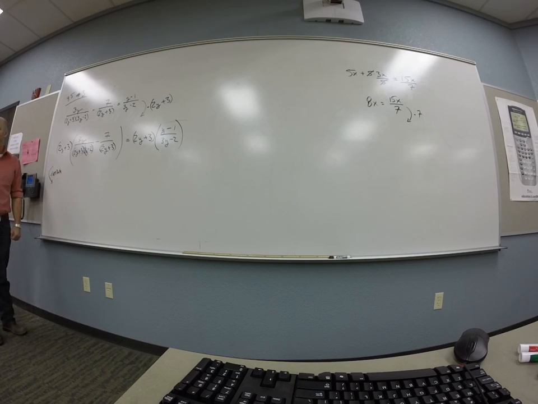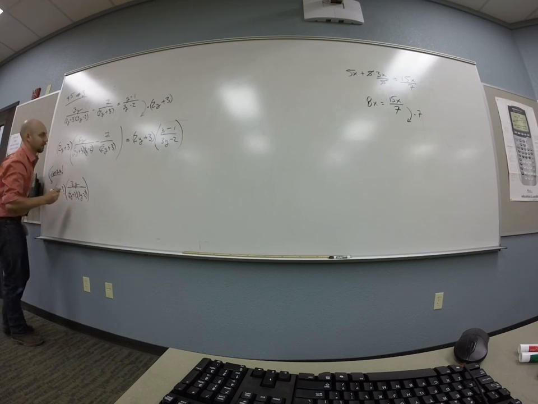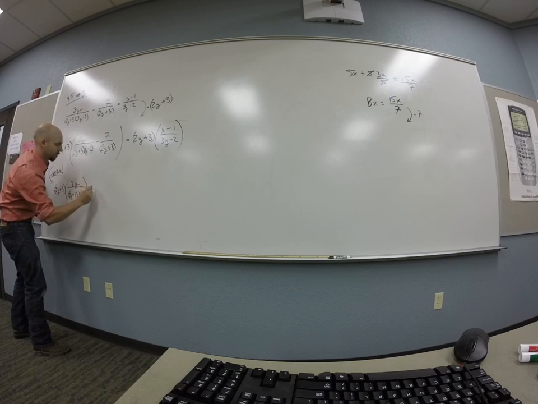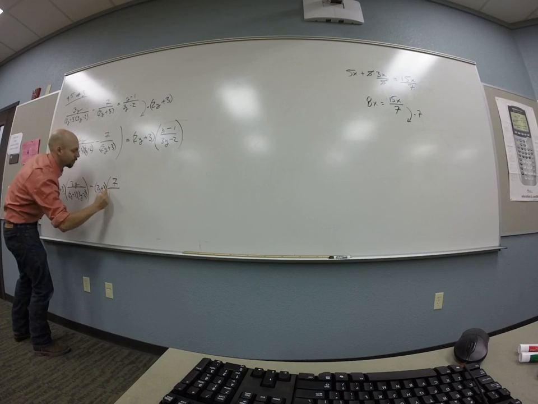I would cancel. Yeah, there's a lot of potential for false cancel here, which makes remember to distribute important, right? But I distribute, I get 2y plus 3 times this left thing, 3y over 2y plus 3 times 3y minus 2, minus 2y plus 3 times 7 over 2y plus 3.